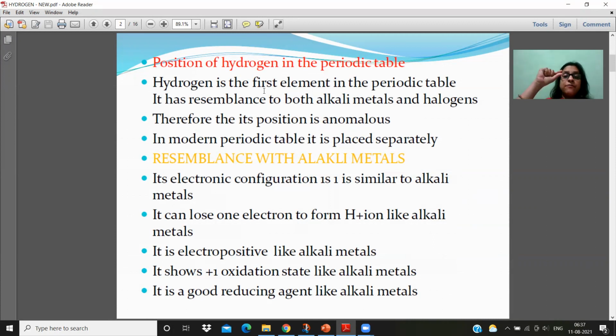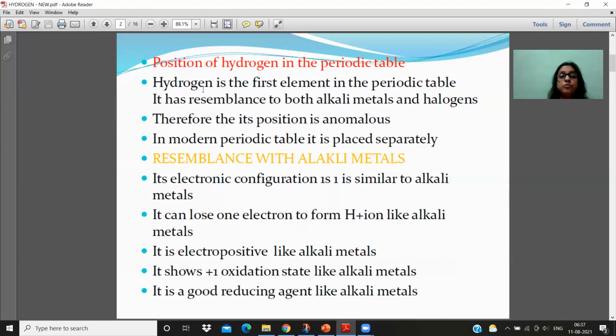In a few books it is shown above the first group elements, with a small gap in between hydrogen and the first group element, and in a few books it is shown in the middle of the periodic table above your D block elements.